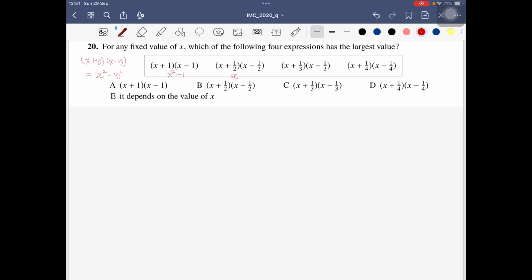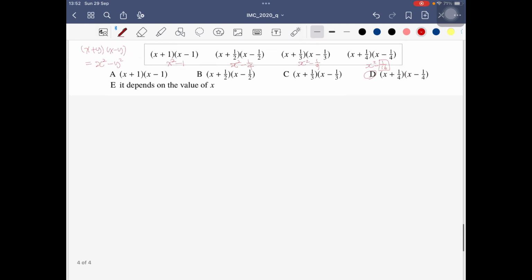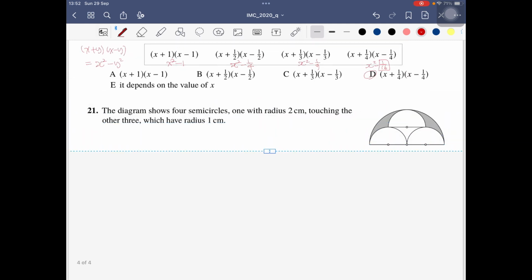So the first one becomes x squared minus 1, the second one x squared minus 1 over 4, x squared minus 1 over 9, x squared minus 1 over 16. So 1 over 16 is the smallest number. So when we subtract the smallest number, the value remains the largest. So this is the largest number, because x squared is already a positive number.